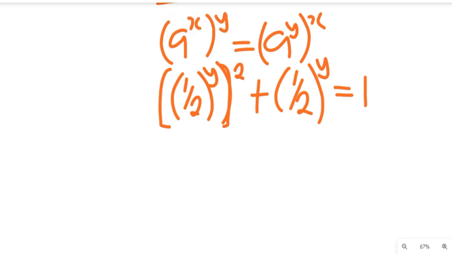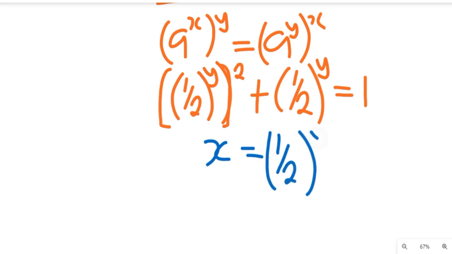So we have seen that 1 divided by 2 to the power of y, half to the power of y, is common. So let x be equal to 1 over 2, all to the power of y.